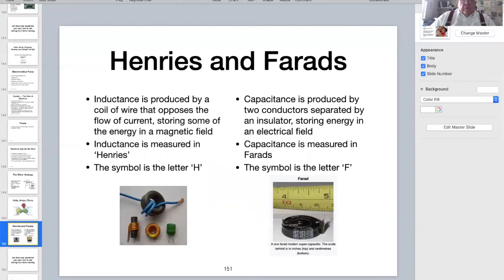There are two more important units of electrical power, the Henry and the Farad. The Henry is named after Joseph Henry, the American scientist who discovered electromagnetic induction. A coil of wire will initially oppose current while it builds a magnetic field, storing some of the energy in that magnetic field.